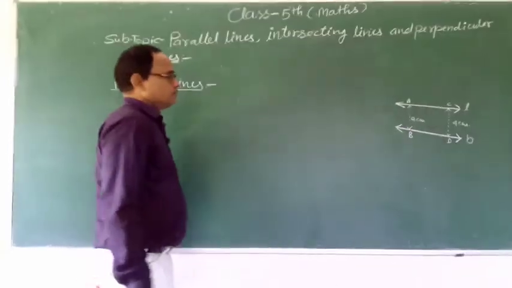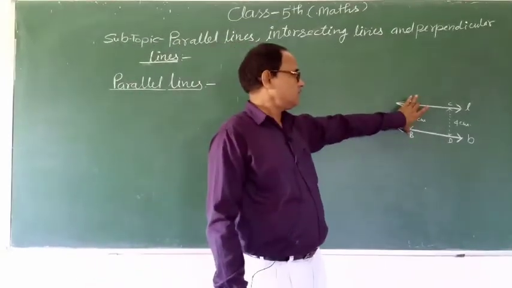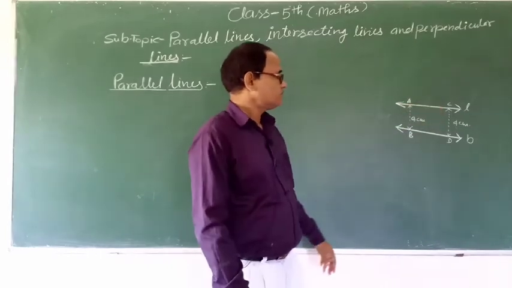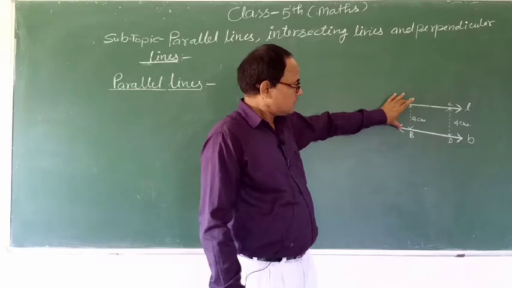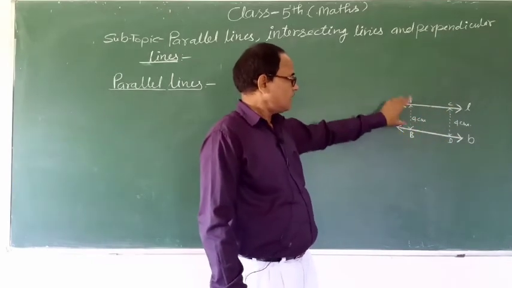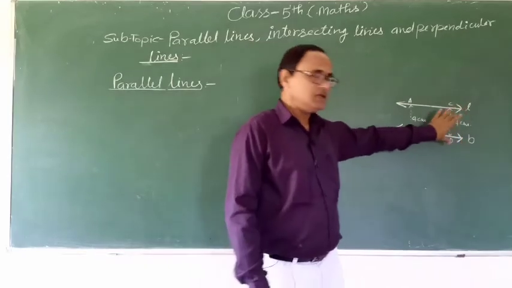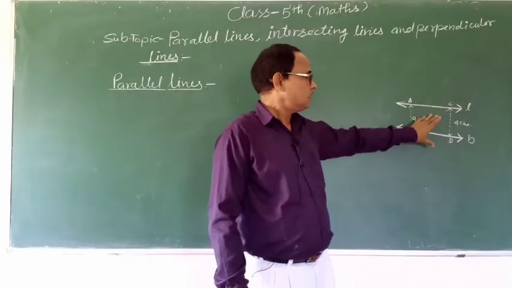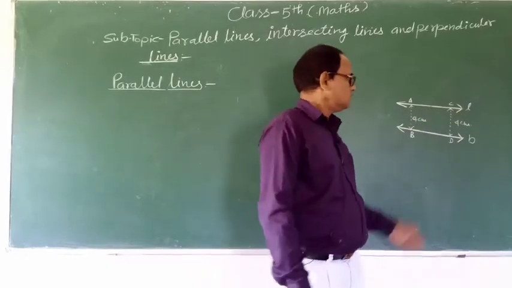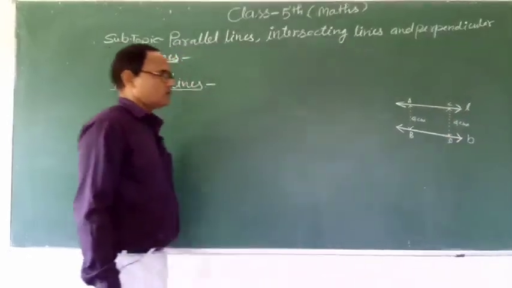In this case, the distance between the two lines is the same. Here, AB and CD are the same distance, and L and M never meet or intersect each other. So these types of lines are known as parallel lines.